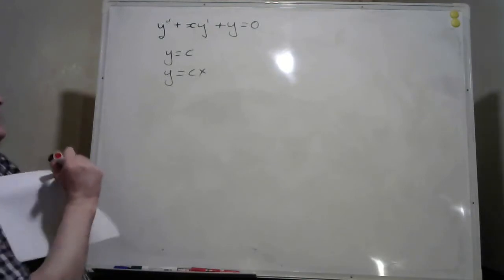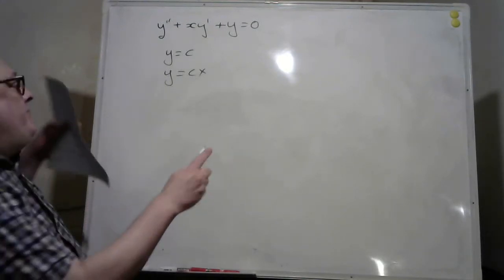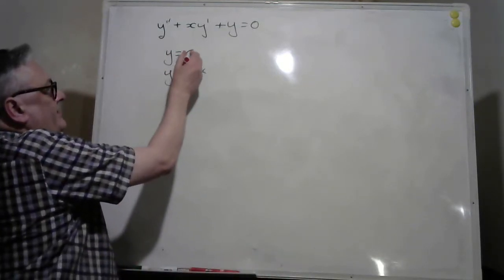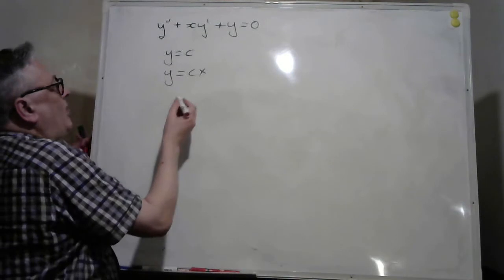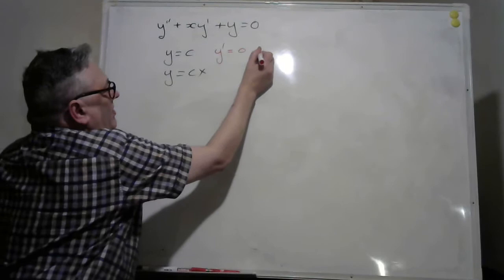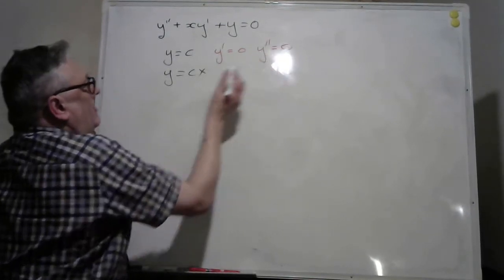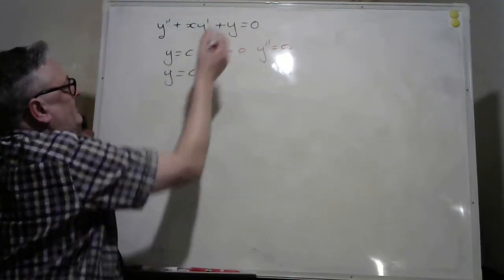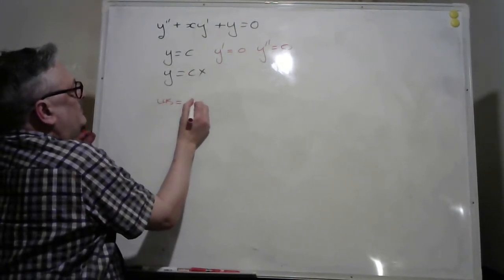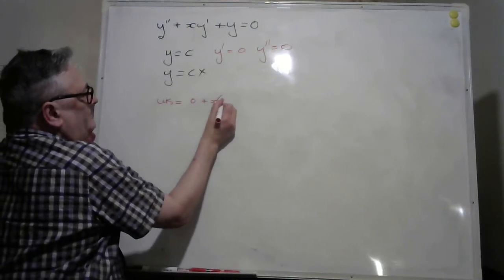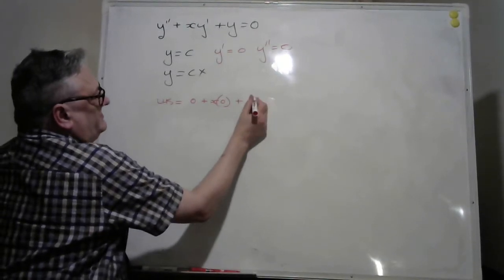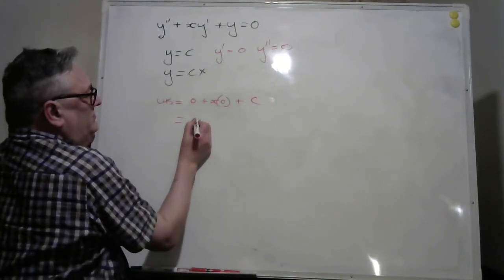Those are out in this particular case because if you differentiate this twice and substitute back into that equation, well, we'll just quickly do it. We get y prime equals 0 and y double prime equals 0. So if we substitute all of that back into that equation, the left hand side is equal to 0 plus x times 0 plus a constant, which is equal to c.